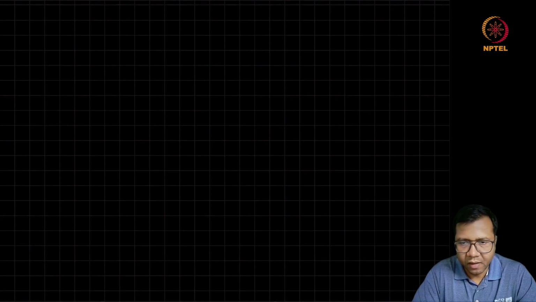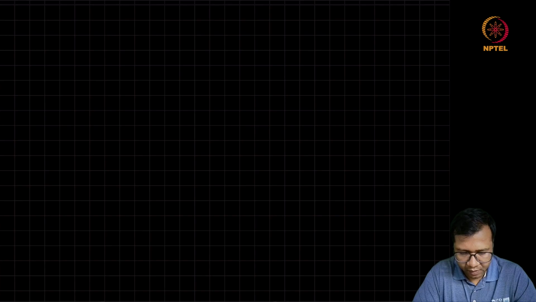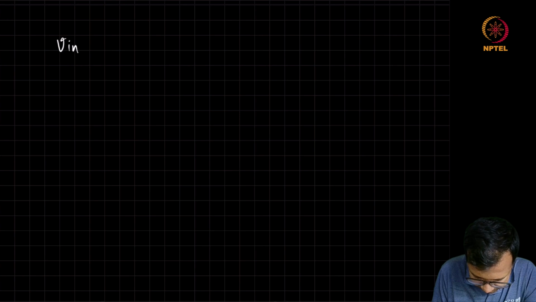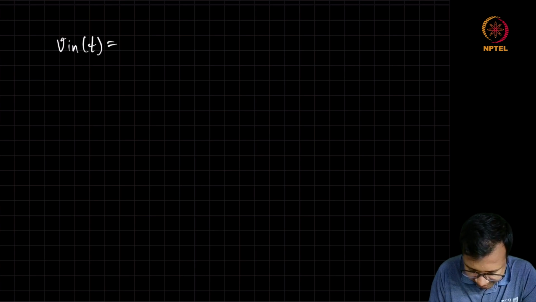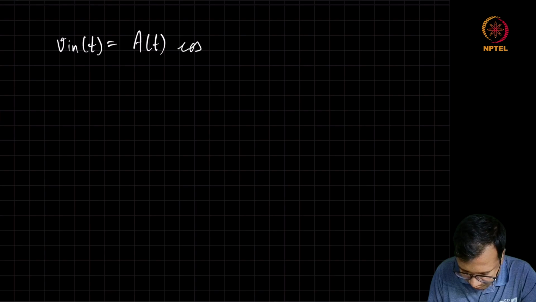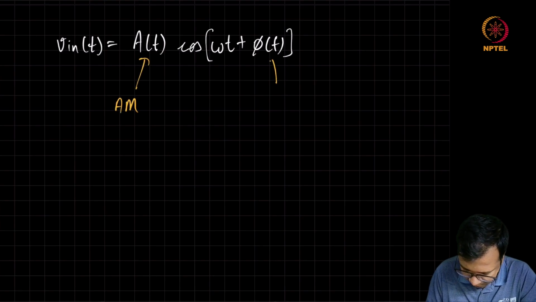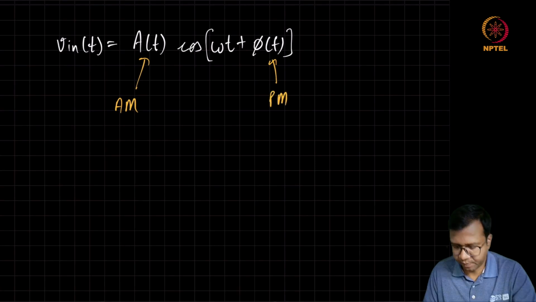Let us look at the complex modulated signal, which needs to be amplified by a power amplifier. The complex modulated signal will have amplitude modulation as well as phase modulation. This is the AM, and this is the PM.